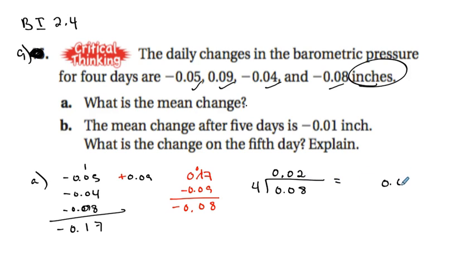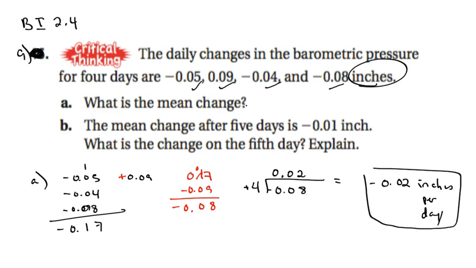So it's 0.02, and a negative divided by a positive is negative 0.02 inches per day. All right, and the mean change after 5 days is negative 0.01 inches, or negative 1/100th of an inch.